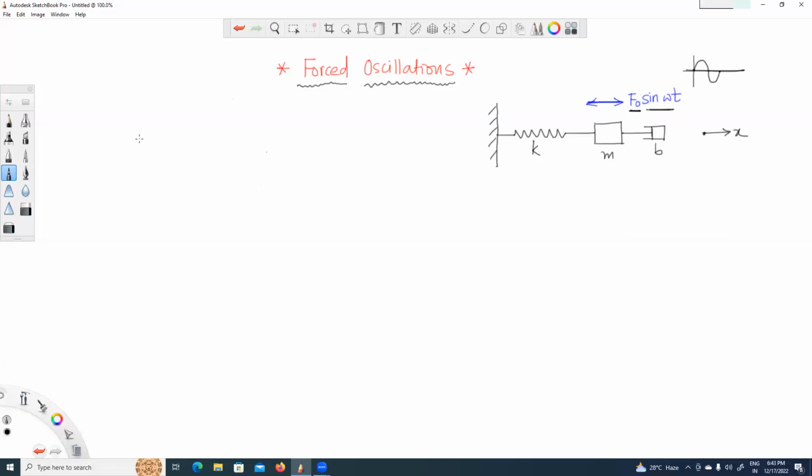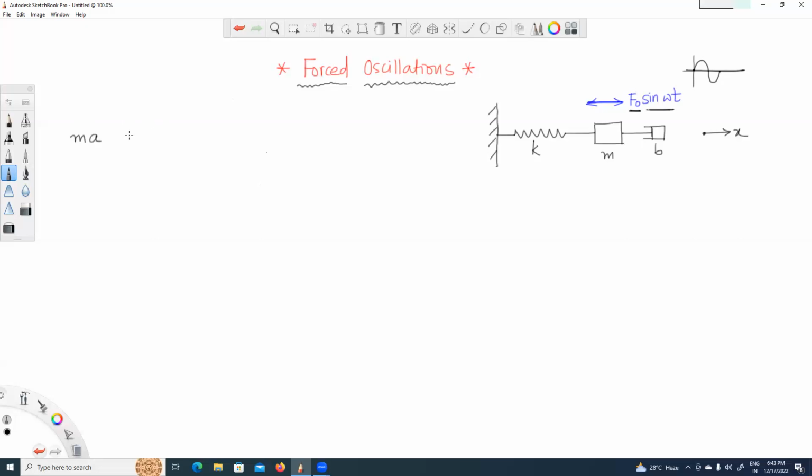Let us study. In damped oscillations, we just did the force balance for getting the differential equation. From a similar point of view, for the forced oscillations, we'll do the same. So let's do the force balance. We have the inertial force, which is given by mass into acceleration.